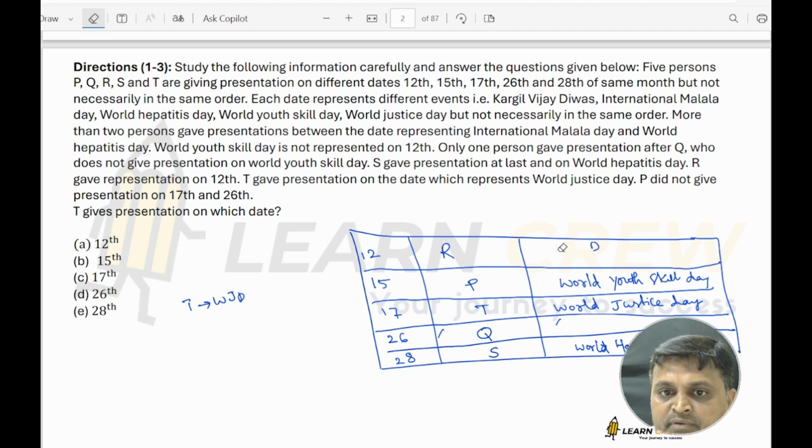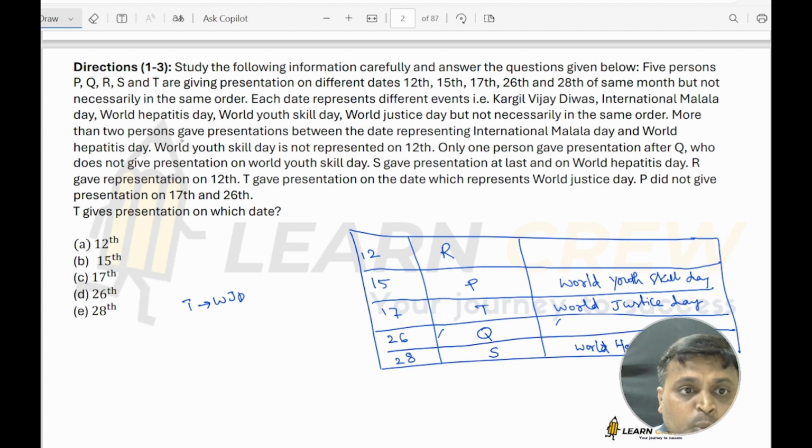Now the remaining are Kargil Vijay Divas and International Malala Day. Is anything mentioned about these two? P did not give presentation on 17th and 26th, which is already covered, and World Youth Skill Day is not on 12th, which is also covered.